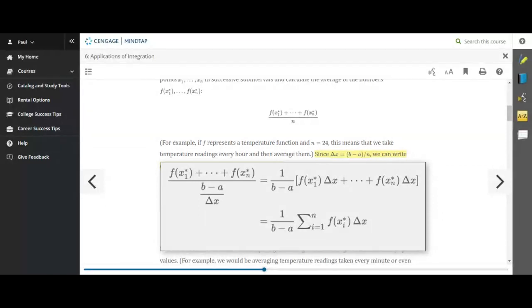Like they mentioned, for an average temperature function, you could be taking temperature readings every minute throughout the day.